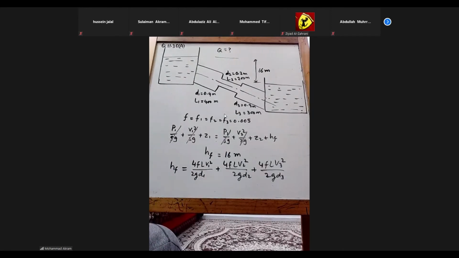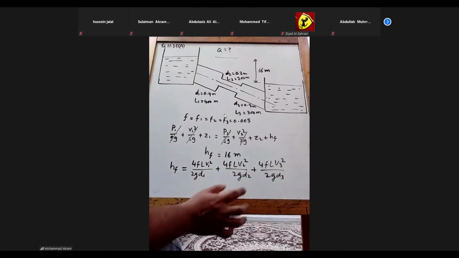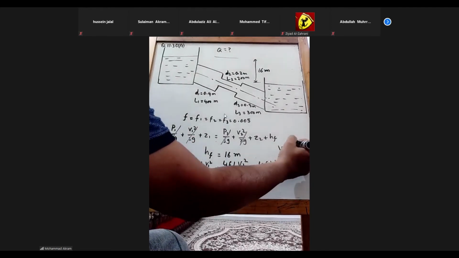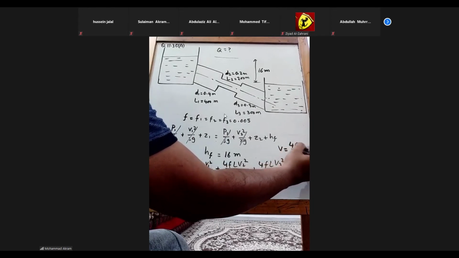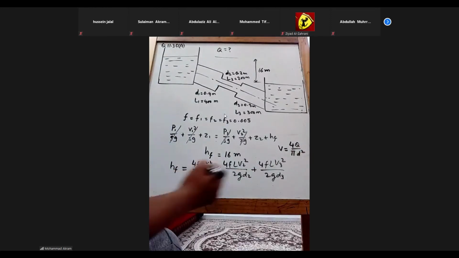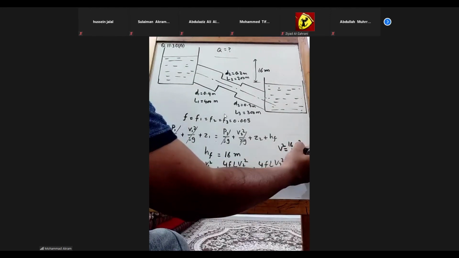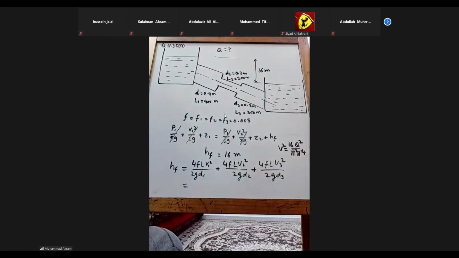So can you just keep it and calculate it? We are not going to calculate the equivalent. What do we want? We want Q. If I keep V equals 4Q divided by pi D square, then V square will be 16 Q square over pi square D raised to 4.